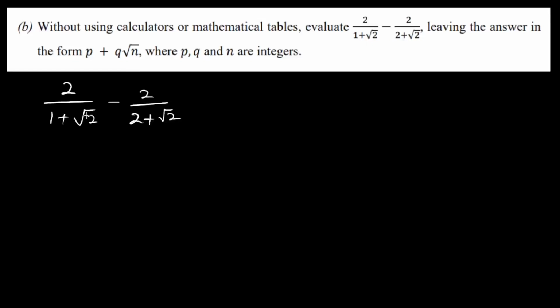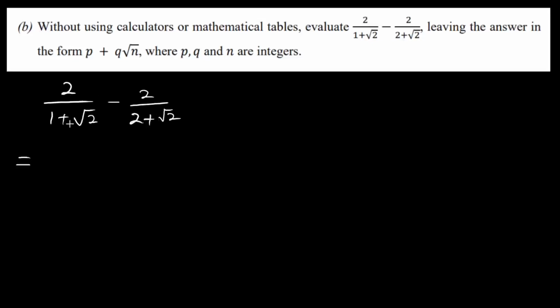So there are a couple of ways to solve this. Some people might decide to find the LCM first by multiplying both sides. But I think the faster way to solve this is to treat each of the terms as a surd and rationalize each of the terms. So how do we rationalize a surd?